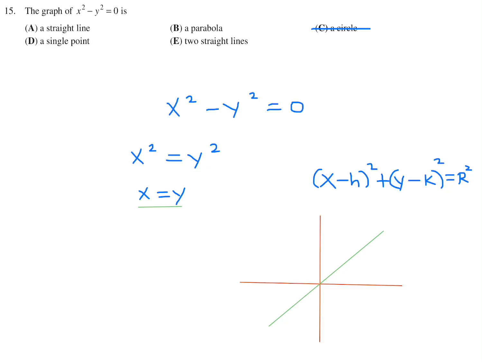But if I take the square root, I can also get x equal to minus y, correct? That will also work. So that line is representative of that equation, x is equal to minus y. So here we have x equals y, here we have x equals minus y, and therefore these are two straight lines. So number 15, the answer is E.